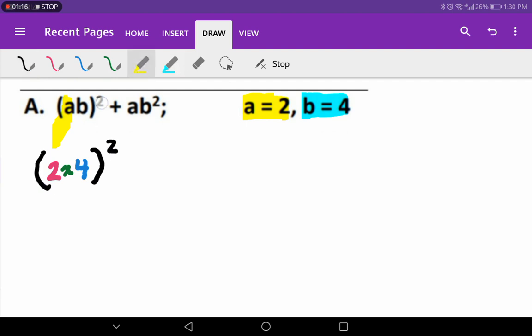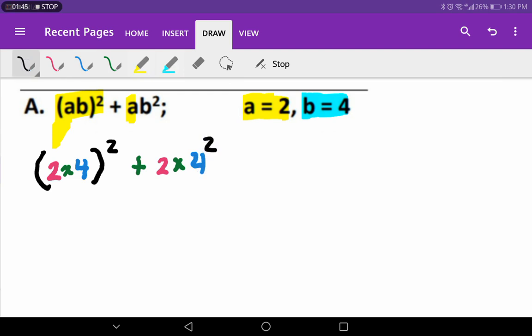I'm finished from this. Now it is plus what? A, which is 2, multiply, don't miss it, I will do it with the green, multiply what? 4 square.